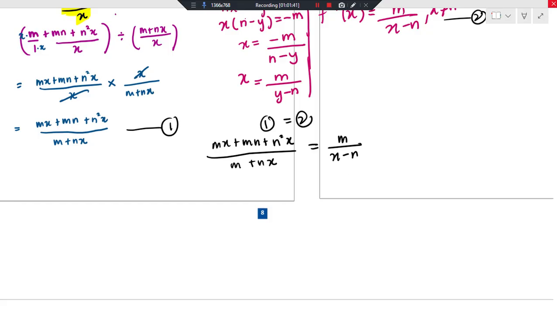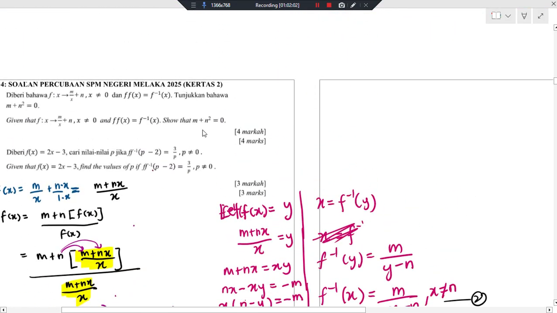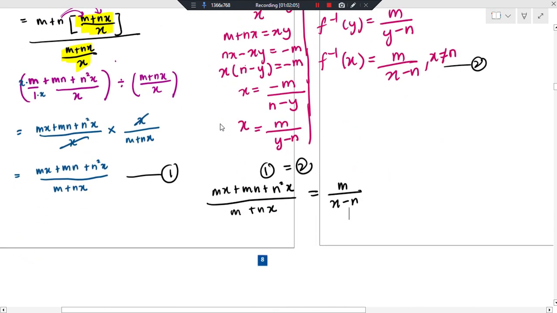Okay, up to here okay already. Show that m plus n square equal to 0. Kalau macam ni kita biasa akan buat cross multiply lah, but if I cross multiply this thing, it will get even more complicated. Betul?